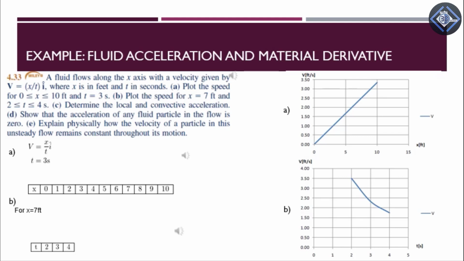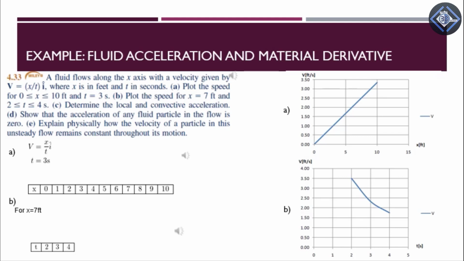In part B of the problem, we are supposed to plot the speed again, but this time we'll plot the speed versus time, keeping the position constant. So in the expression for velocity, put x equal to 7 and change time between 2 and 4 seconds and plot the speed.